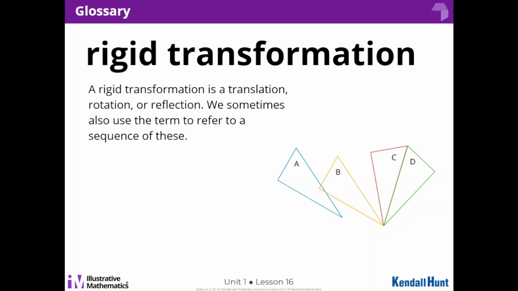And what happens is we end up creating a congruent image that has the same side lengths and the same angles, because we've not made it any bigger or any smaller, we've simply moved it. So A translates to B, B rotates to C, and C reflects to D.